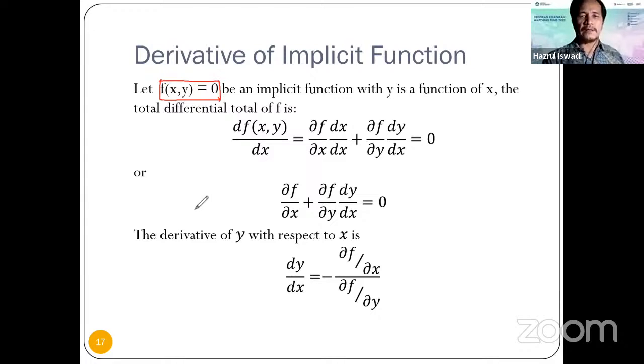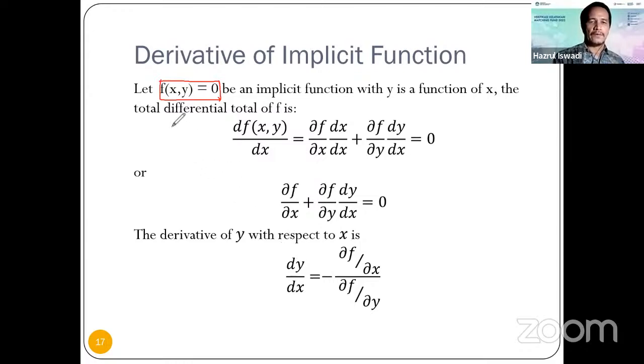Implicit function means that x and y are on one side and cannot be separated into two types. So we have a way to find the partial derivative of an implicit function.